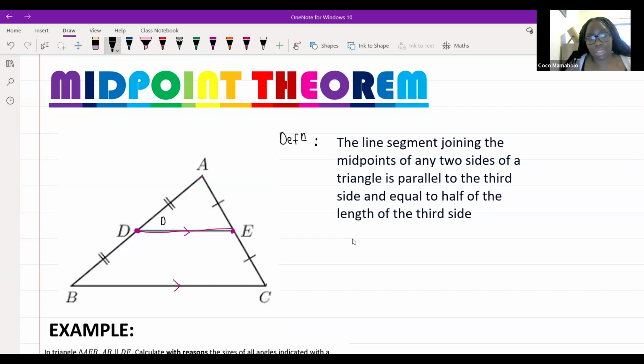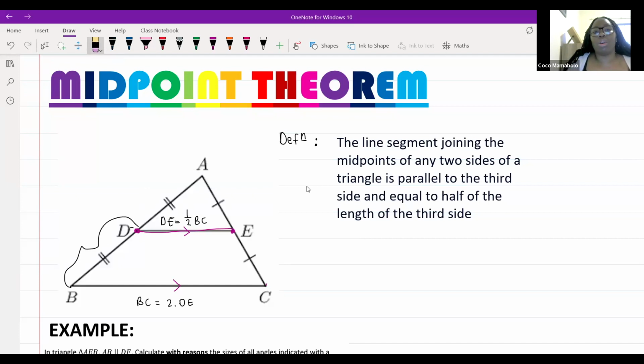So DE equals half of BC, and BC will then equal 2 times DE. So if they give us that these two things are equal to each other, then we can automatically assume that these two lines are parallel and that this is half the size of that.